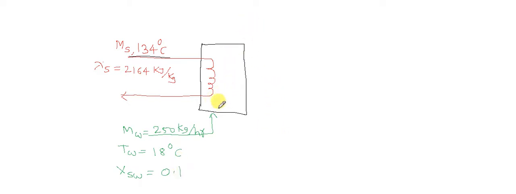Now this weak liquor comes in indirect contact with the steam, heat transfer takes place, and some part of the weak liquor gets vaporized. That flow rate is mv, while the remaining part, which you get as thick liquor, is mt. We have to find the values of mt and mv.